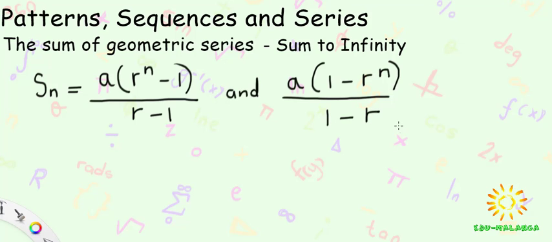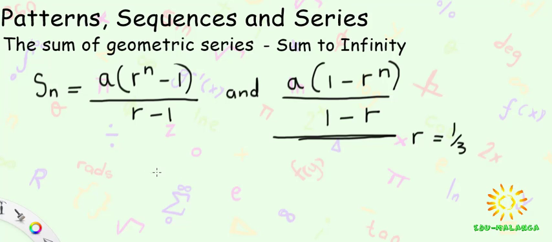I've always said that when our r is a fraction, for example 1/3, we should try and use this formula because it becomes easier to say 1 minus a fraction, and when you power a fraction it gets smaller. So we're going to work with this formula to sum the terms to infinity of our geometric series.